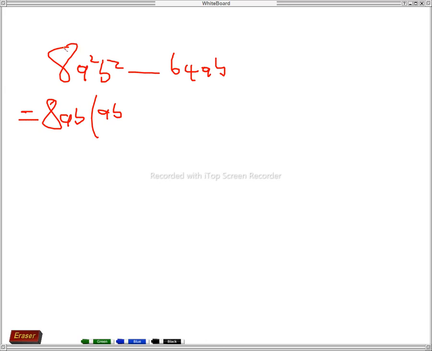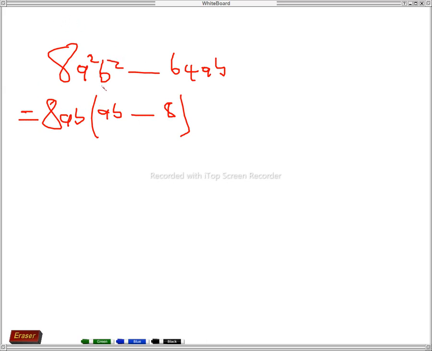There are 2 a's here because of the square, as well as 2 b's. When we say 64 divided by 8, you will get 8. The ab will cancel with the ab.